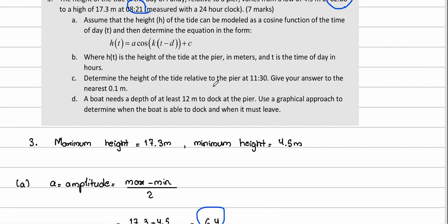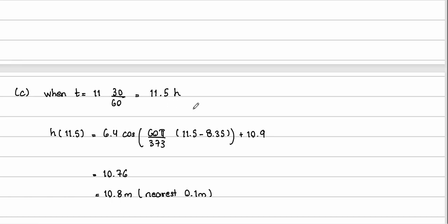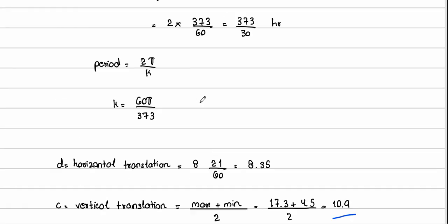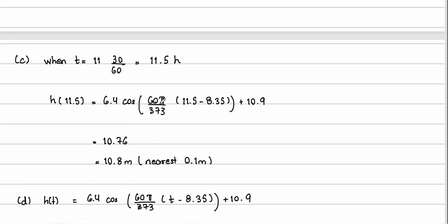Determine the height of the tide relative to the pier at 11:30. Give your answer to the nearest 0.1 meter. So for number C, we need to find the total hours for 11:30. 11 and 30 minutes means 11.5 hours.